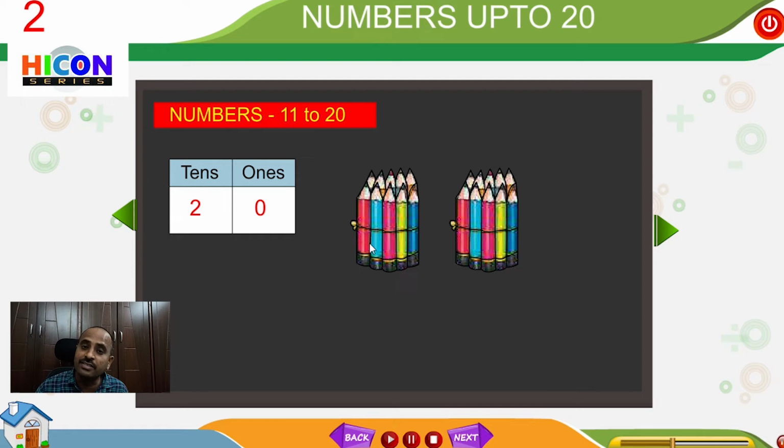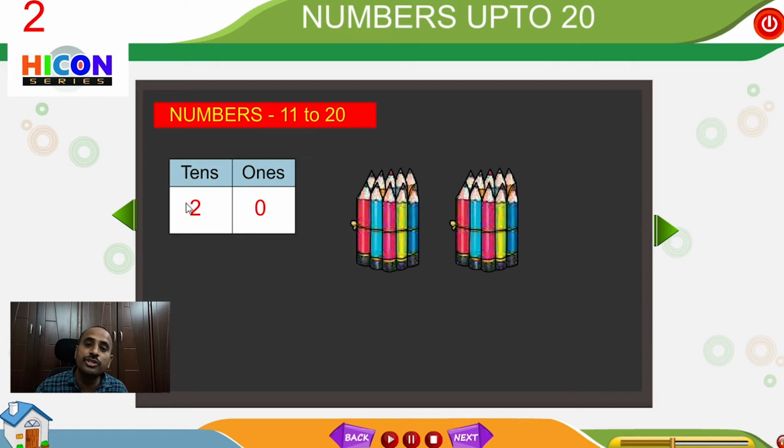And how many tens are there? Yes, there are a total of 2 tens. Each bunch represents 1 ten. There are a total of 2 bunches. So this is 1 ten, and this is the second ten. So there are a total of 2 tens. So the number is 2 0.